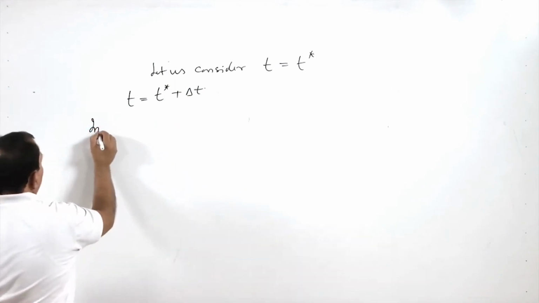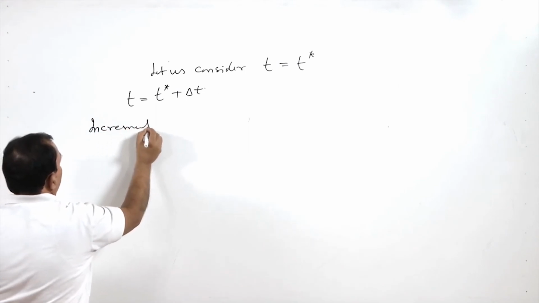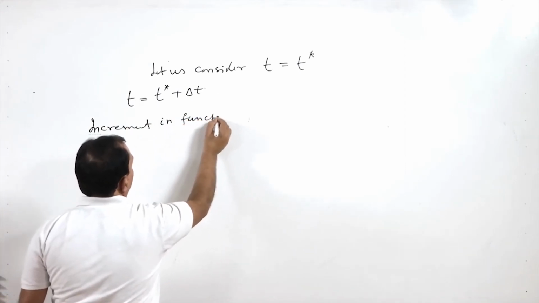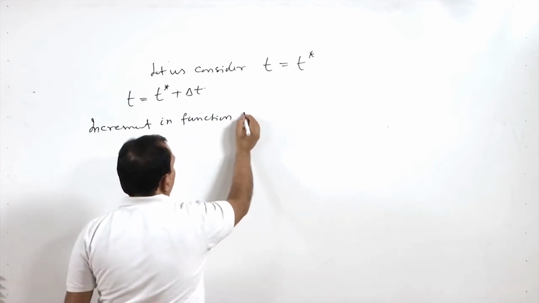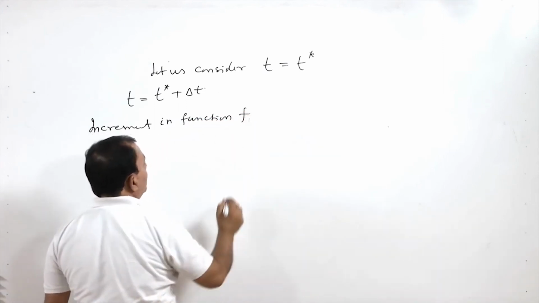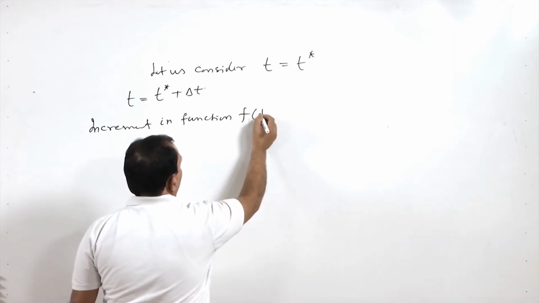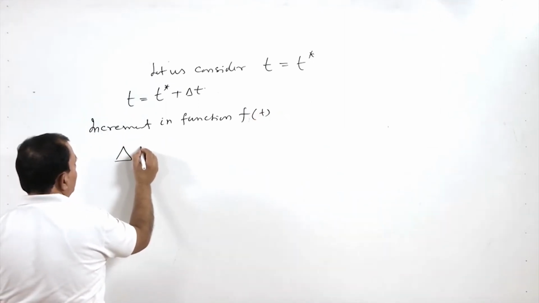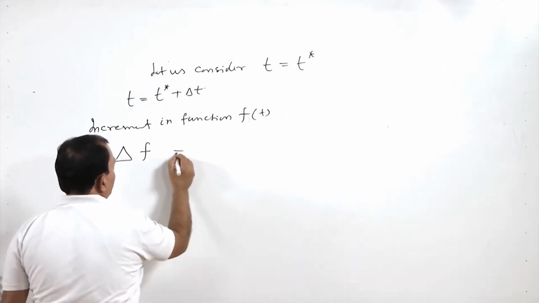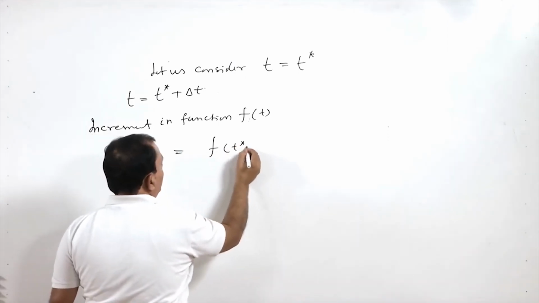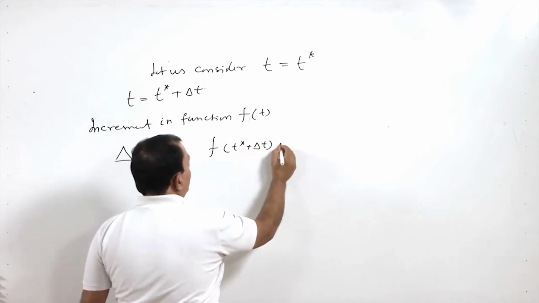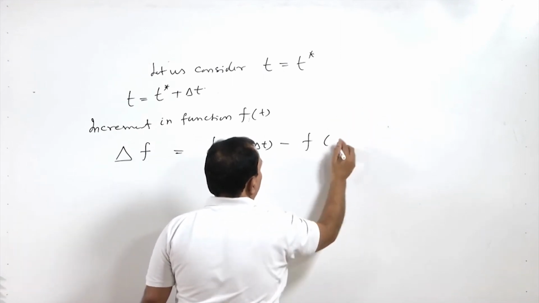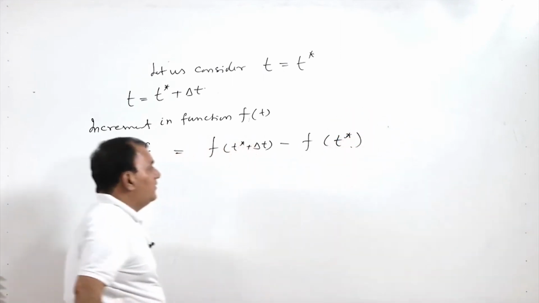Then we can define the increment in function f(t) as delta f equal to f(t star plus delta t) minus f(t star).